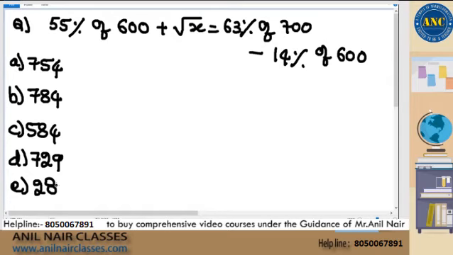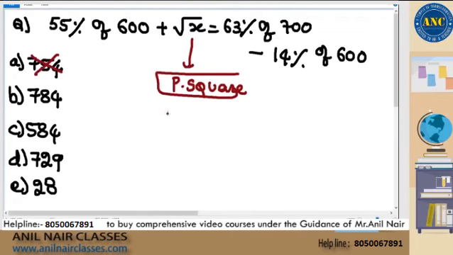55% of 600 plus root x equivalent to 63% of 700 minus 14% of 600. Step number 1, because root x is a perfect square. Any perfect square ending with 4, the tens place should be even. 8 square is 64, 12 square is 144. Take 584.